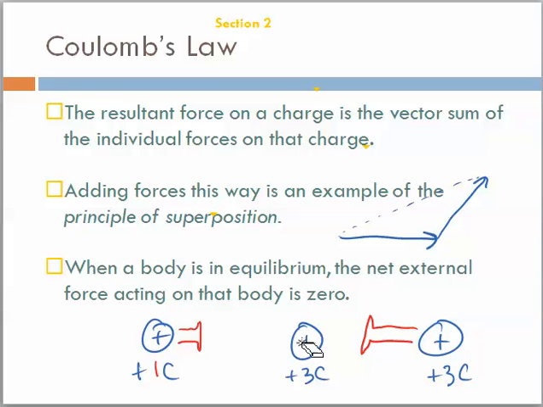So the new position of this probably wouldn't be there in the middle. It would probably come over here closer to the one on the left and have a smaller distance between these two and a much larger distance. And because of that distance, this force would become smaller. Because of this distance, this force would become larger, and it would be in equilibrium, meaning there'd be no net external force, and it would stay put.